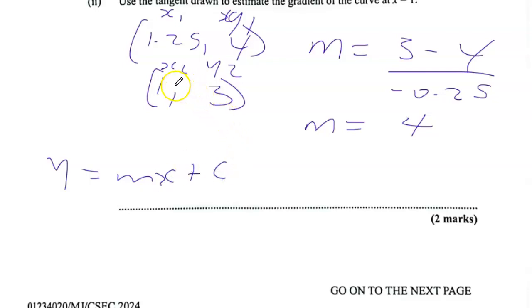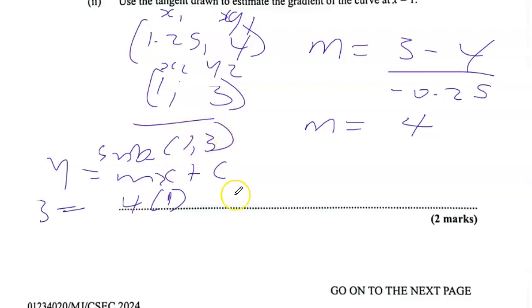So y equal to mx plus c. If I substitute (1, 3), the y would be 3, the m would be 4, the gradient, and x would be 1. So 3 equals 4 times 1 plus c, so bring that over: 3 minus 4 equals c, so c is negative 1.